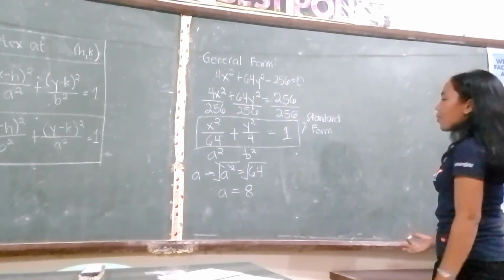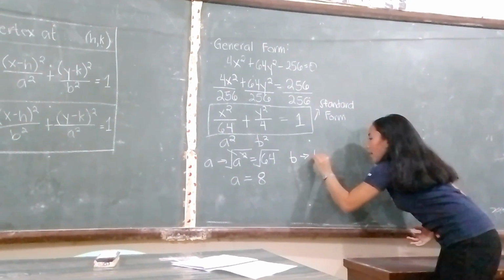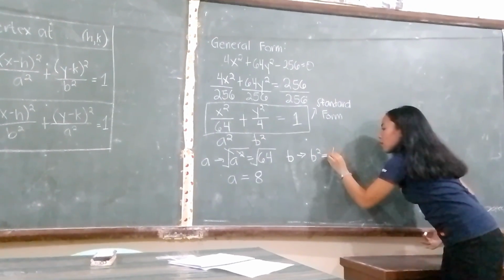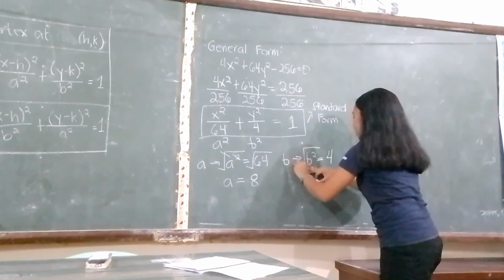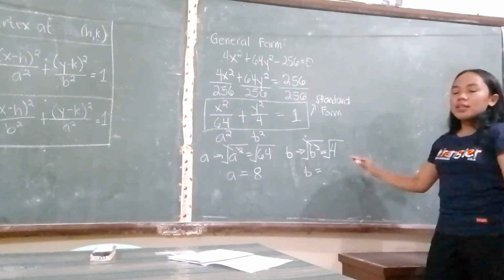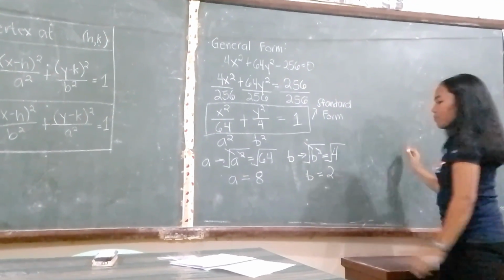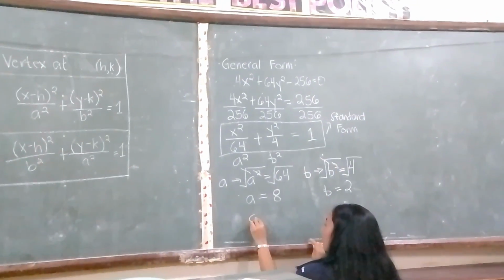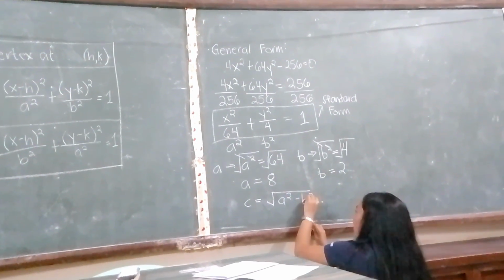For our b, we have b squared is equal to 4. And to get the b, we have to square root this. So we have b is equal to the square root of 4, which is 2. And for our c, we have c is equal to the square root of a squared minus b squared.